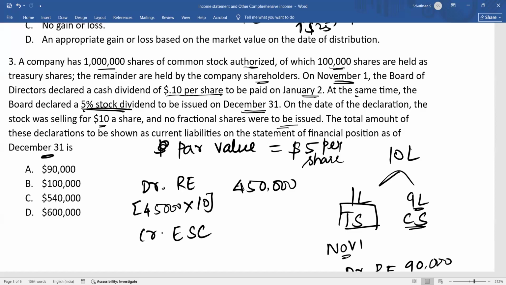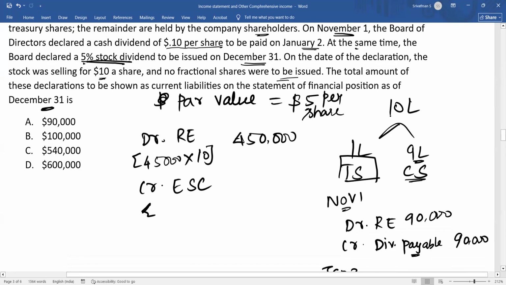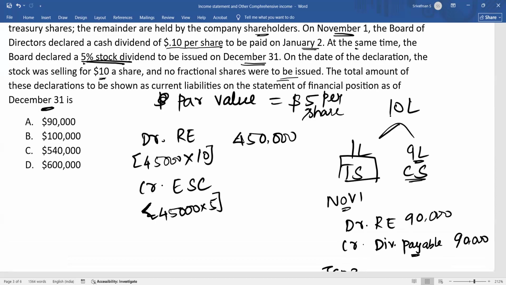Here we assumed par value is equal to rupees 5 per share. So we are going to pay 45,000 shares as dividend into 5. So equity share capital should be credited by 2,25,000. Then where will the remaining amount of 2,25,000 go? The remaining 2,25,000 will go to additional paid in capital.